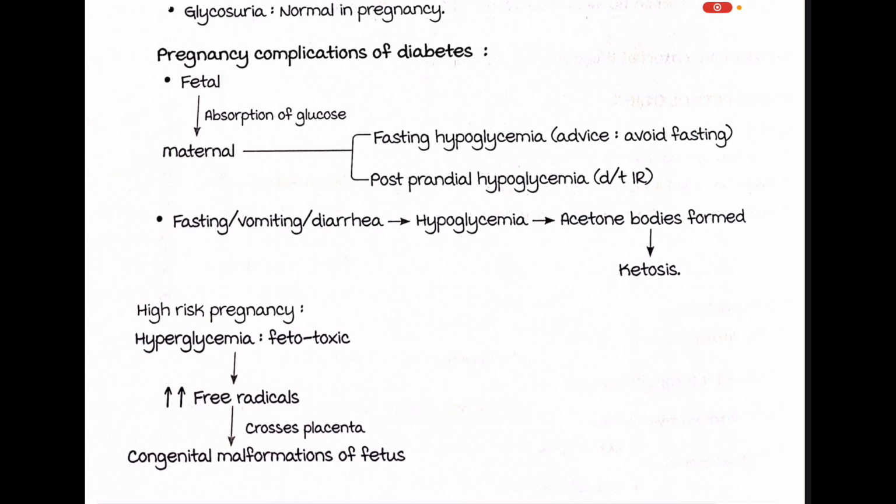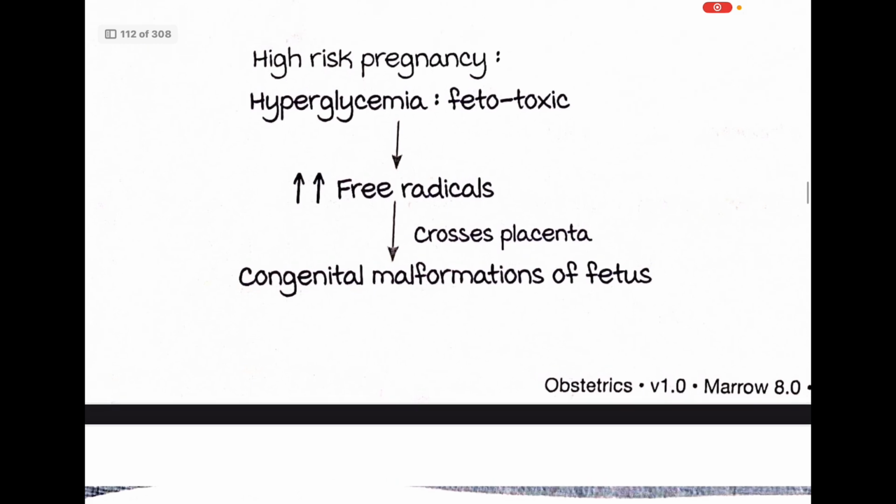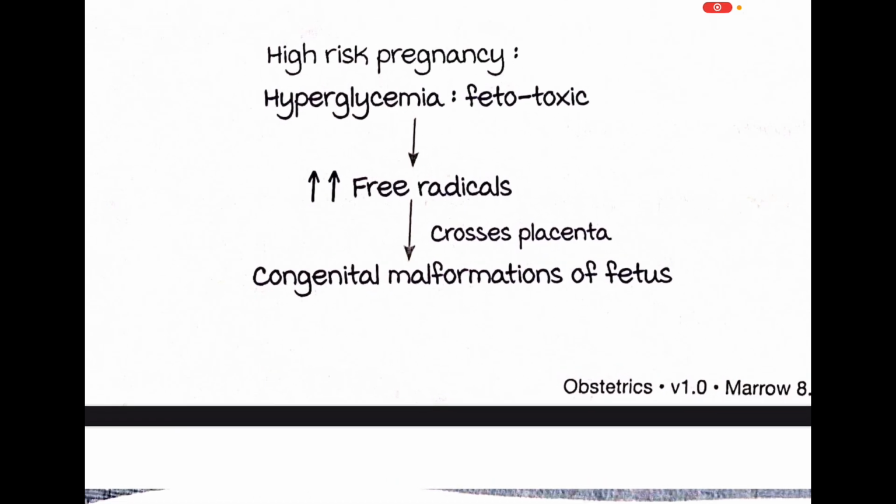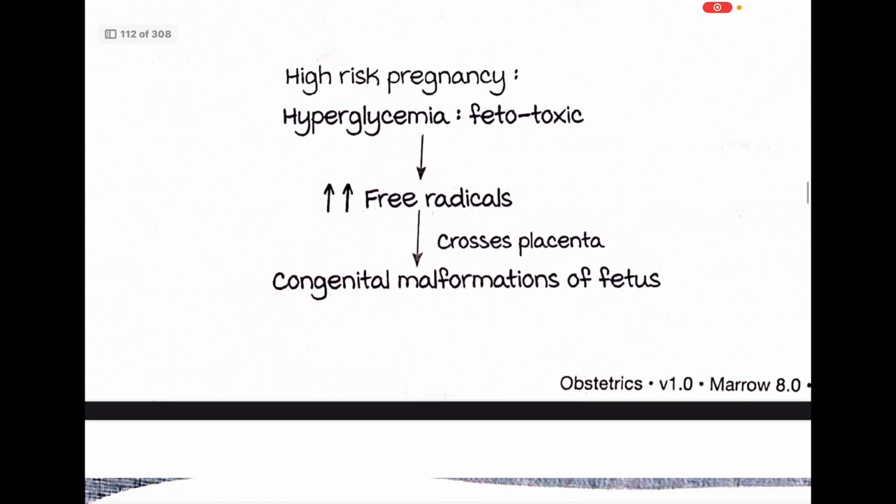Fasting, vomiting, diarrhea, hypoglycemia, acetone bodies formed, ketosis. High risk pregnancy. Hyperglycemia is fetotoxic, increased free radicals cross placenta, causing congenital malformations of fetus.